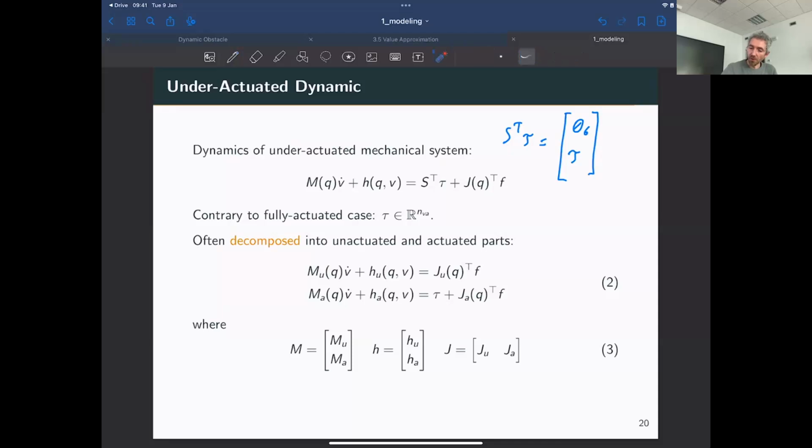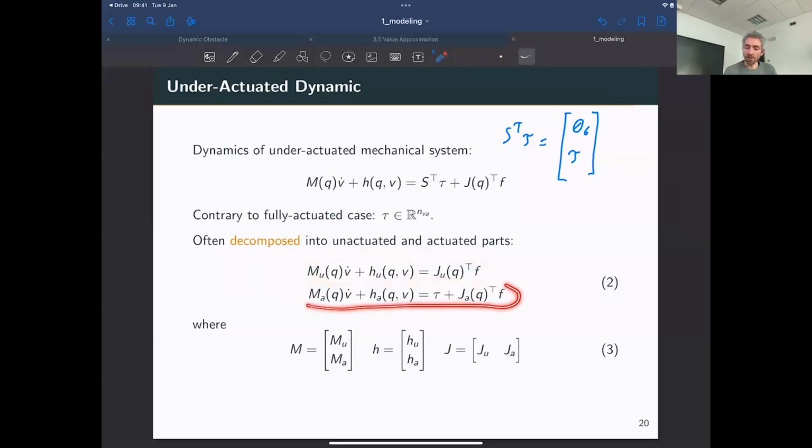And if we decompose this expression into two expressions, one for the underactuated part and one for the actuated part, we get these two equalities here. So this is for the unactuated parts. And indeed, you can see that it doesn't contain the vector tau. There are no actuators.